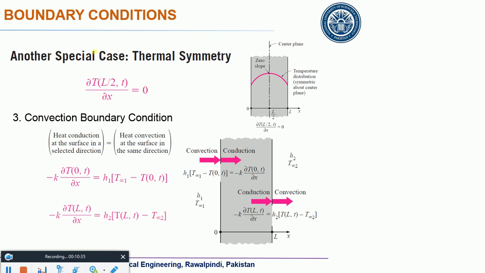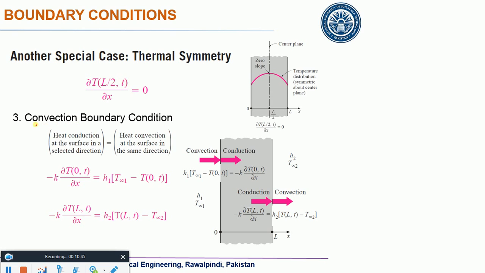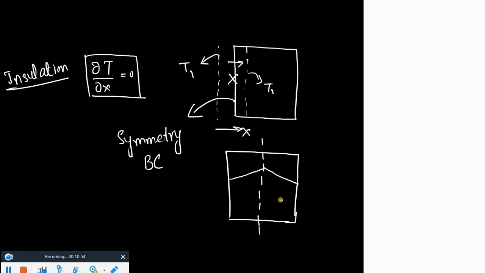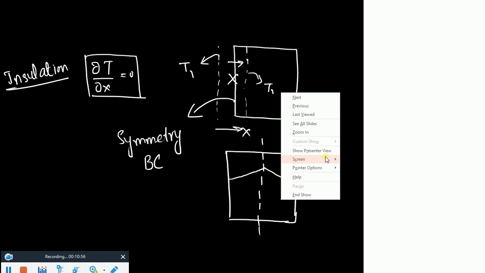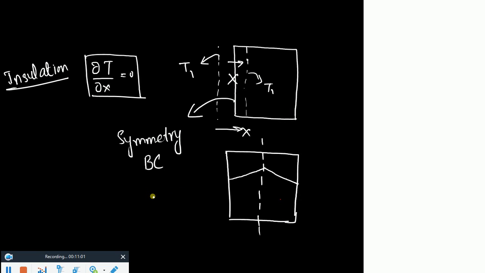Right. Now next is the convection boundary condition. Just see, if you have one surface, let me draw it over there again. Let me put it this way.